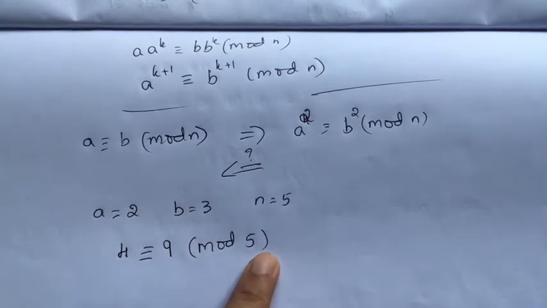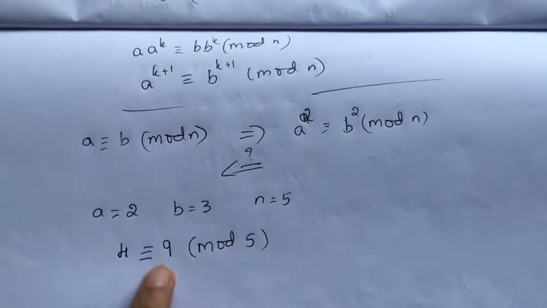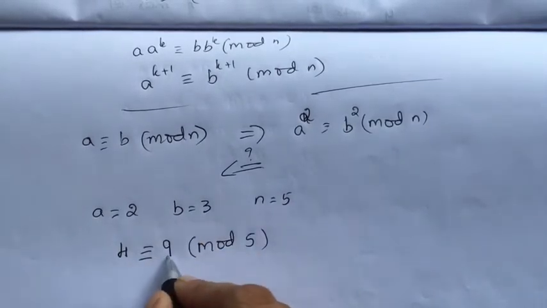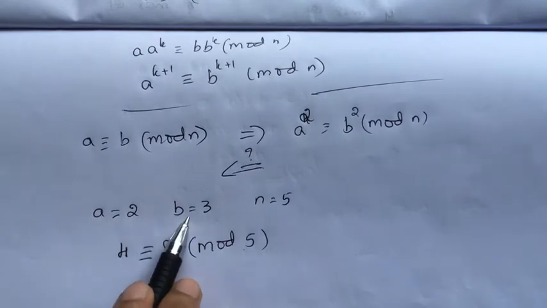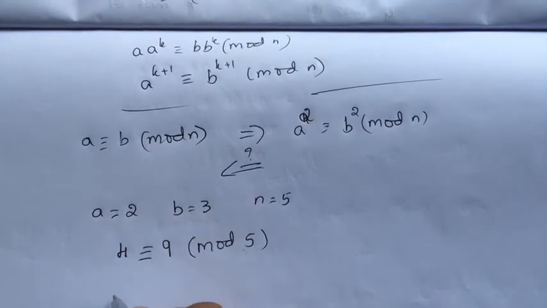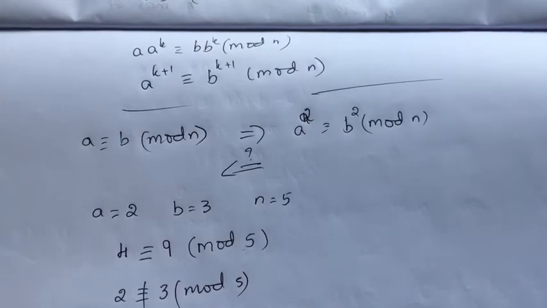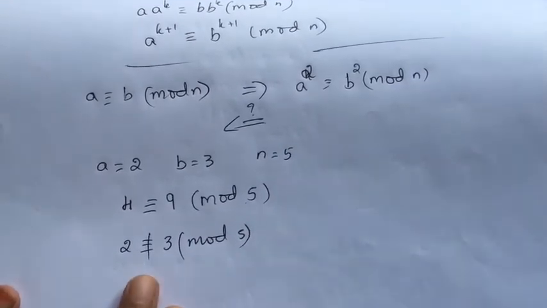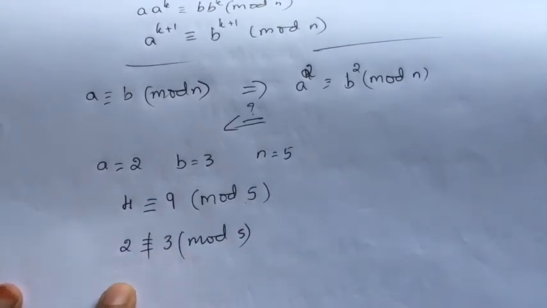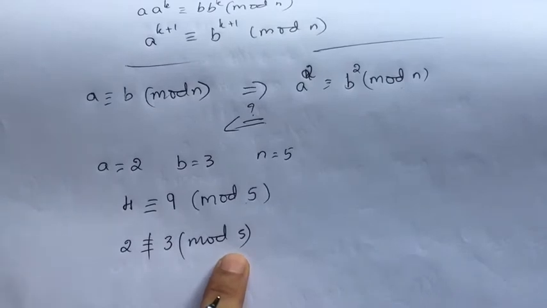It is divisible by 5. So no problem. A square is congruent to B square mod n. But whether A is congruent to B mod n? No. 2 is incongruent to 3 mod 5, right? 2 minus 3 is minus 1, which is not divisible by 5.